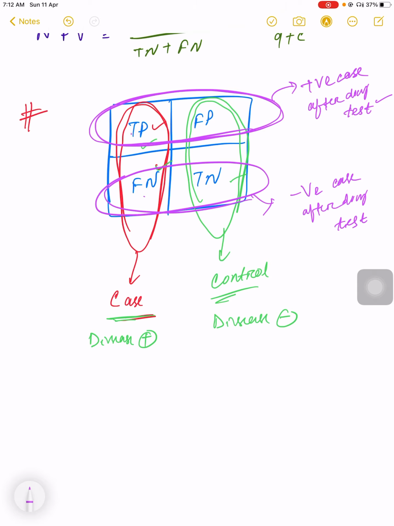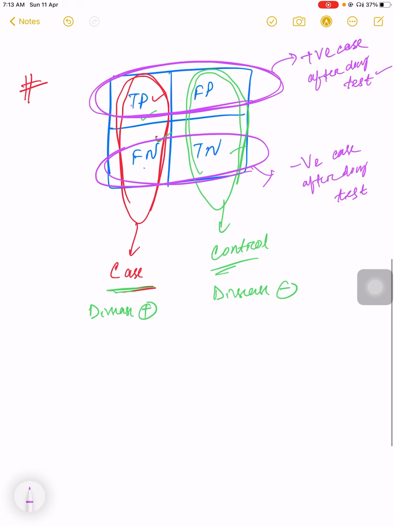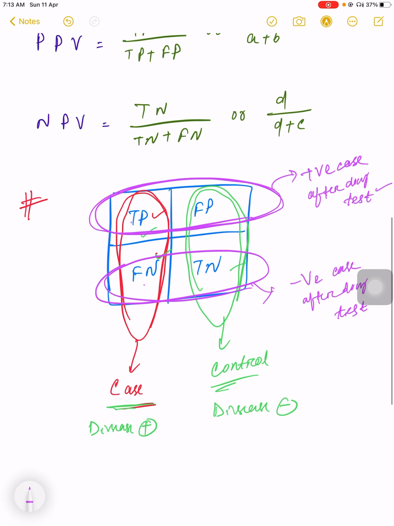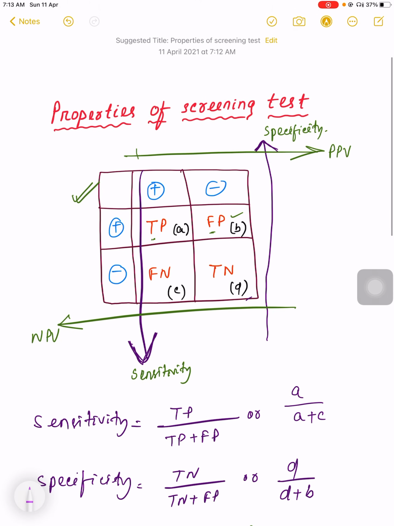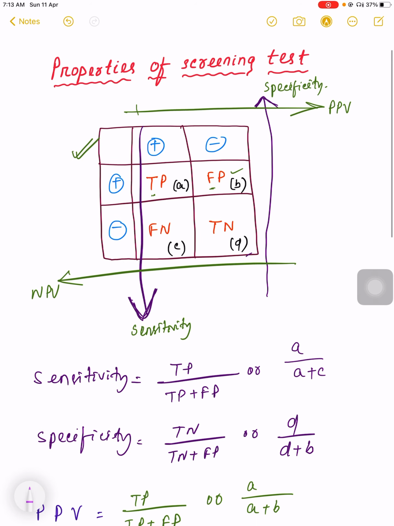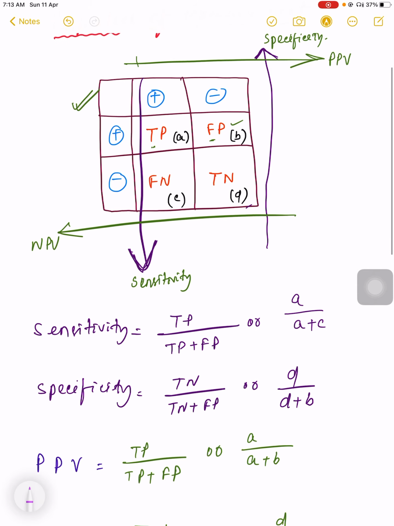So if someone asks you what is specificity, or what is the definition of sensitivity, how can we tell? You know it from the table. What is the formula for sensitivity? True positive divided by true positive plus false negative.